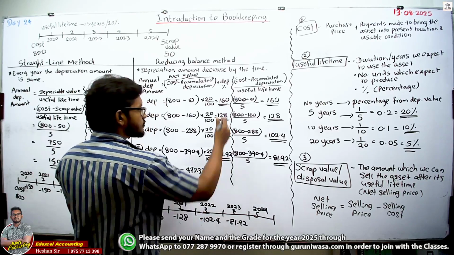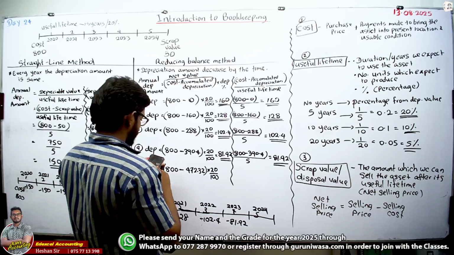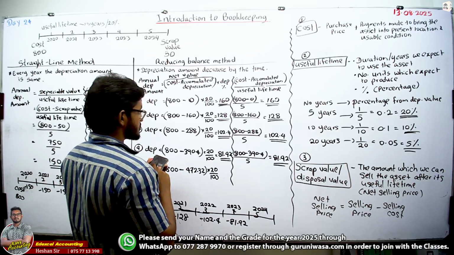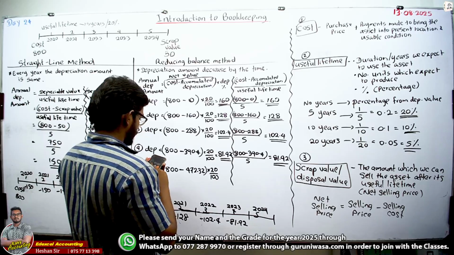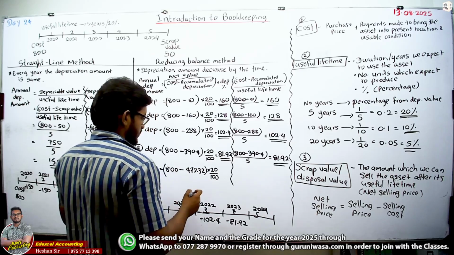You can get the total of these four: 160 plus 128 plus 102.4 plus 81.92. Same.